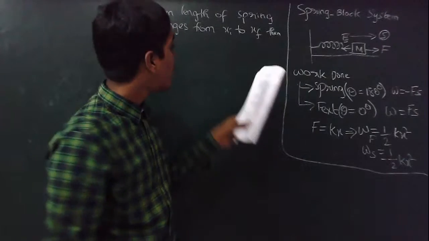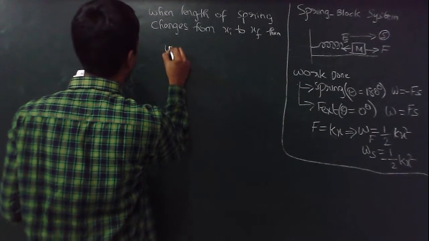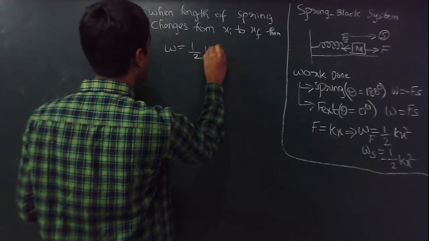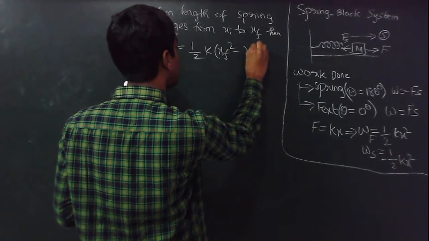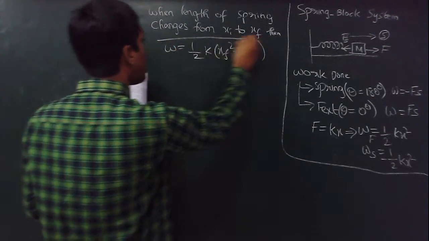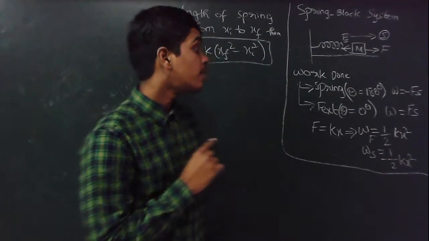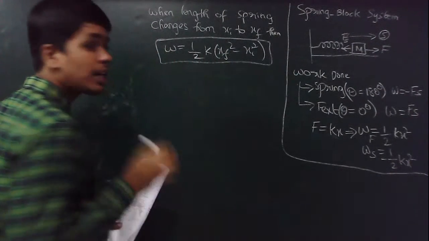W is equal to half into K into xf square minus xi square, because it is final minus initial. This is the same as the kinetic energy one. We will learn about kinetic energy later. Okay, let's solve a problem.